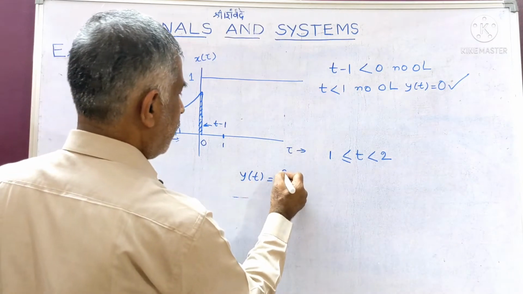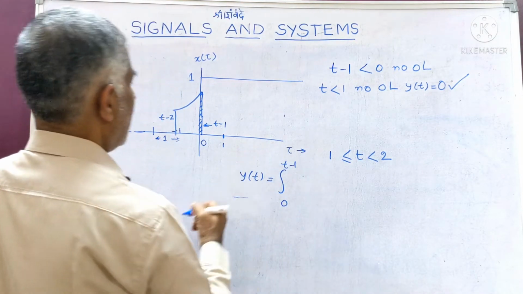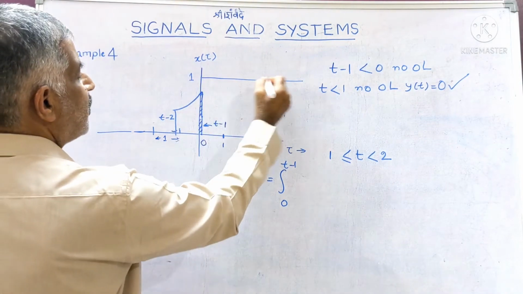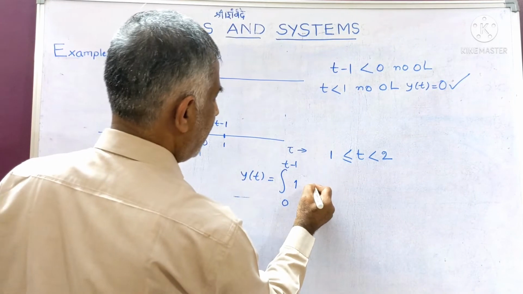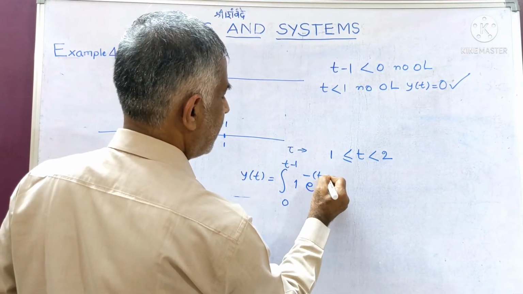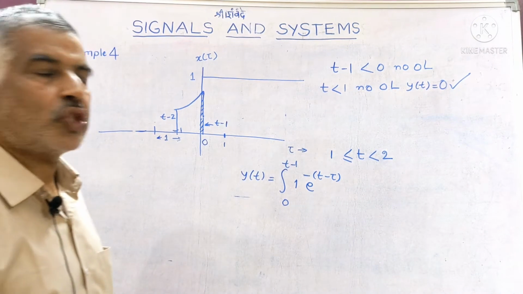So y of t is equal to the integral from 0 to t minus 1. Then the functional form is 1 multiplied with e power minus (t minus tau), because this is a moving waveform, it has to be t minus tau.